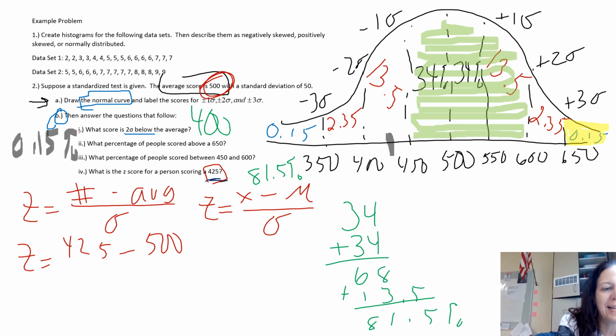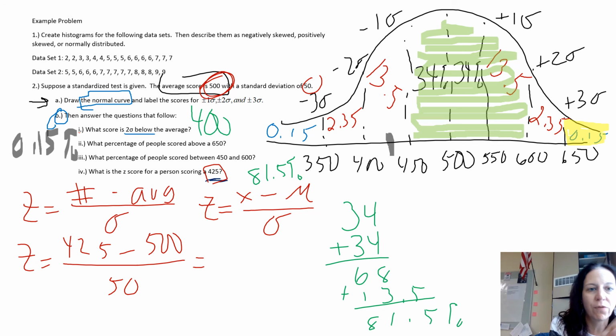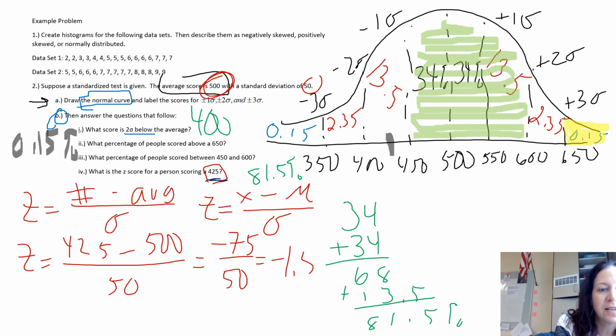And that's where the negative comes from, because the average was bigger. And the standard deviation was 50. Make sure that when you're doing yours you plug in the right numbers. You don't revert back to doing this one. 425 minus 500 is negative 75. And negative 75 divided by 50 is negative 1.5, which is what we got when we looked at it this way. So negative 1 and then the extra half.